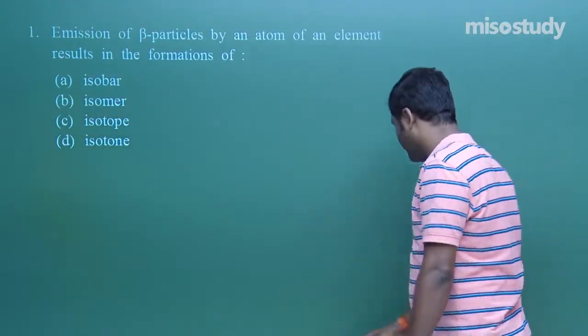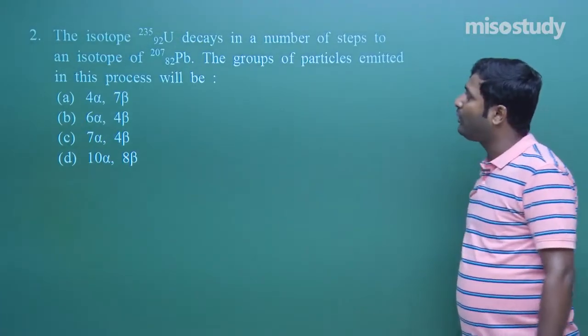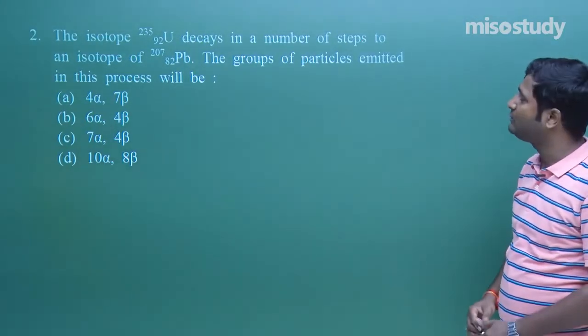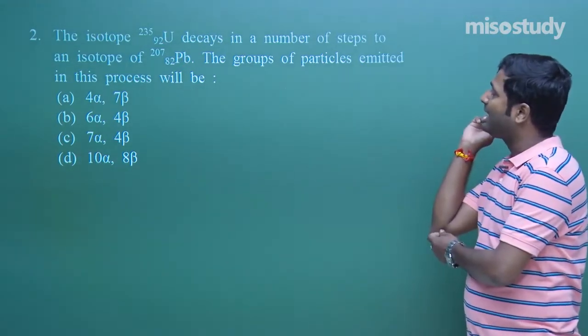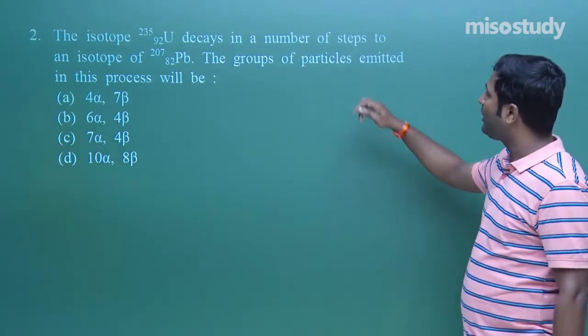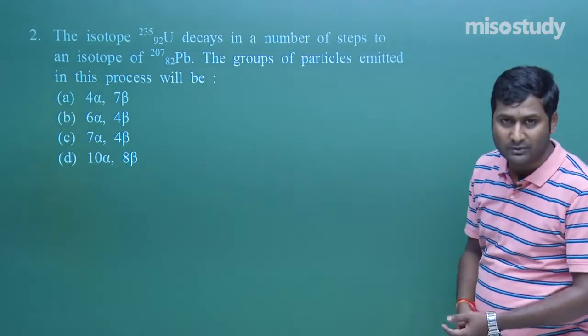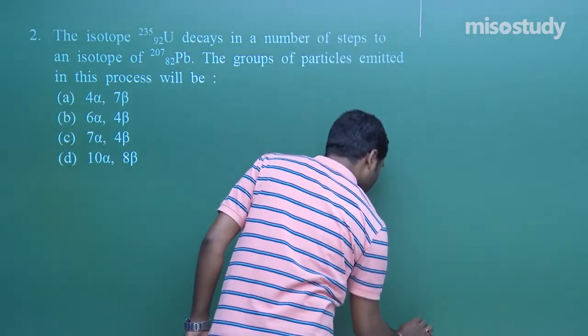Now the next one is: an isotope of 235 92 U decays in a number of steps to an isotope of 207 82 Pb. What is the group of particles emitted in the process? Now how many particles are emitted in the process?